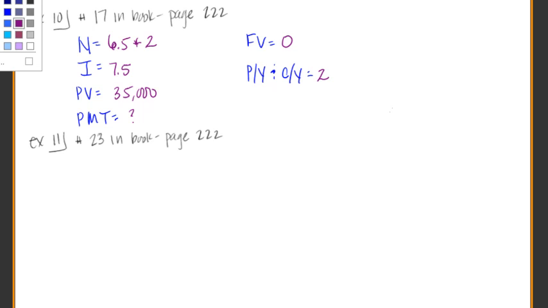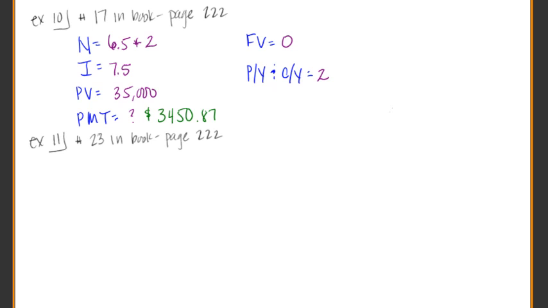All right, let's use our calculators one more time and see what we get for the payment size. When I put this into my calculator, I get a payment of $3,450.87. So definitely a much higher payment, but when you think about it, you're paying $35,000 off in just 6.5 years. That's a pretty aggressive payment.